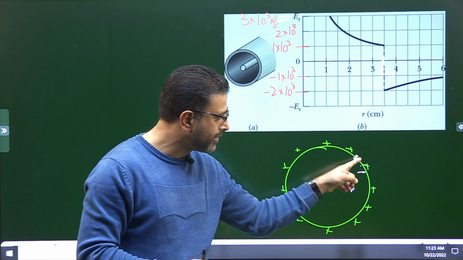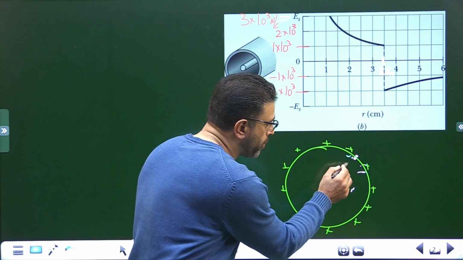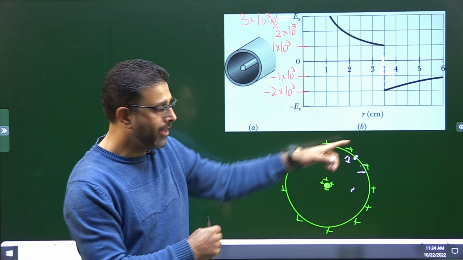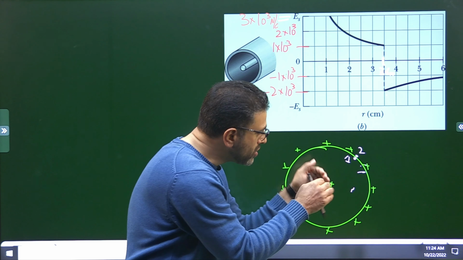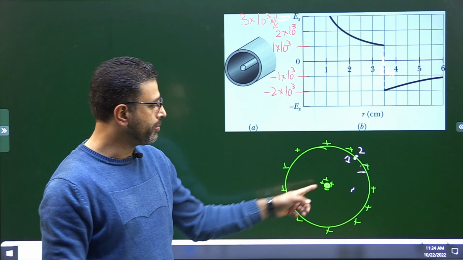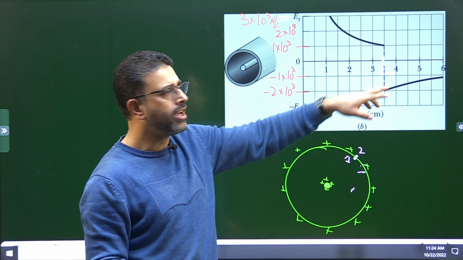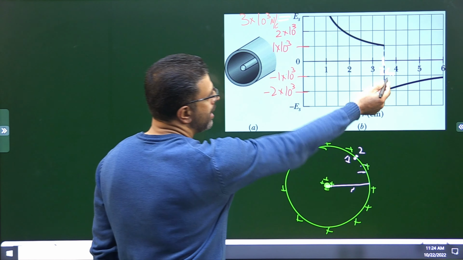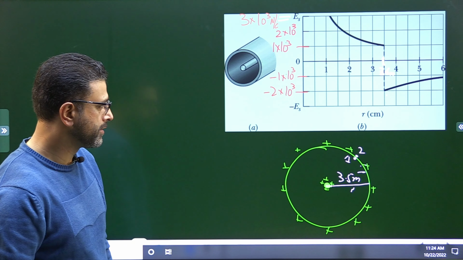At point number 1, which is infinitely close to the surface but on the inner side, the field will be only because of the solid cylinder. Then the field at point number 2, just outside the surface of the cylindrical shell, will be because of both. That's the reason the sharp change is there. So we also come to know that the radius of the outer cylinder must be 3.5 meters.